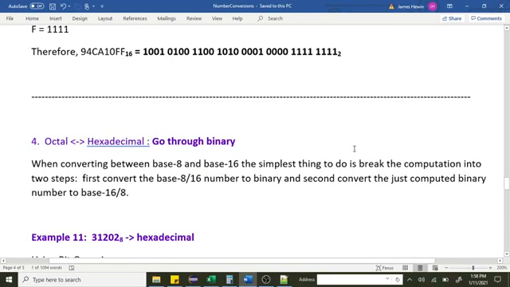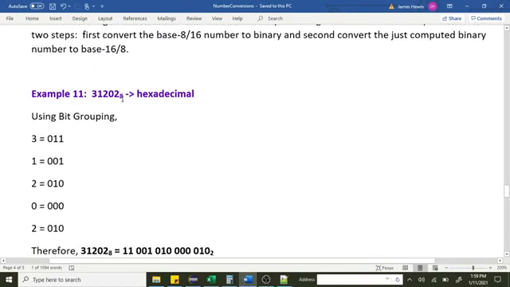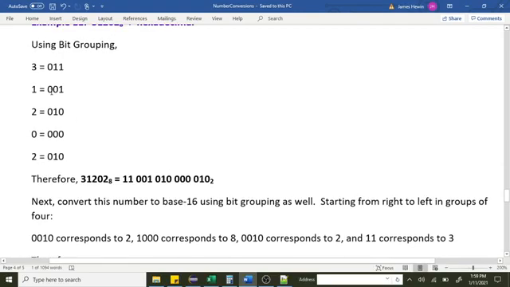Now the last category is going in between octal and hex, and I just recommend going through the binary intermediate step. So if you want to go between base 8 and base 16, here's a base 8 number, 31202. I would just do the bit grouping, and this would be the binary representation.